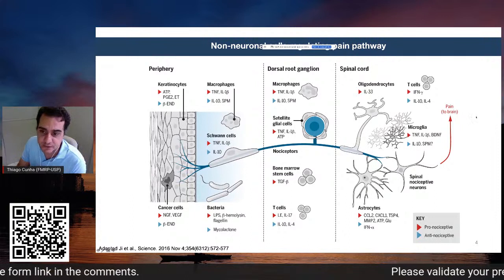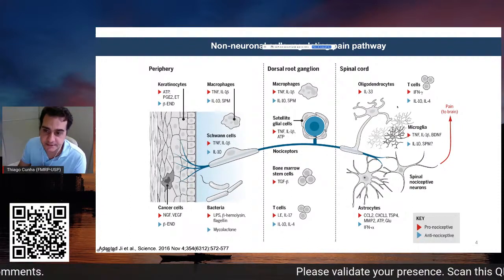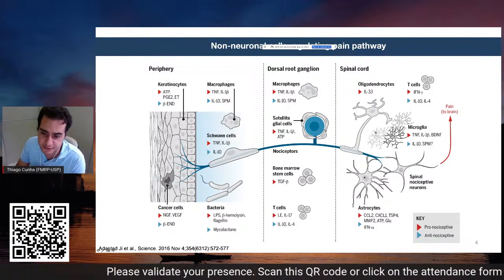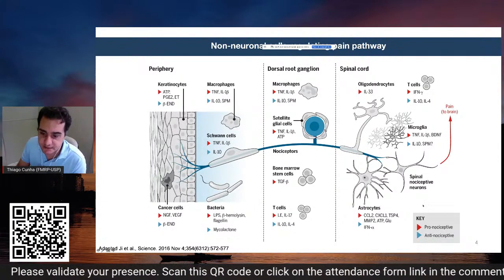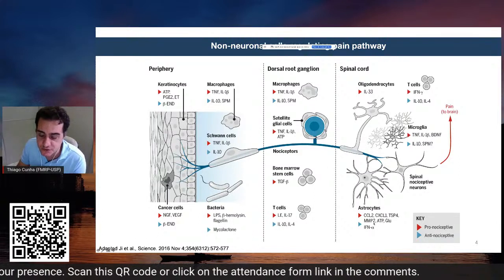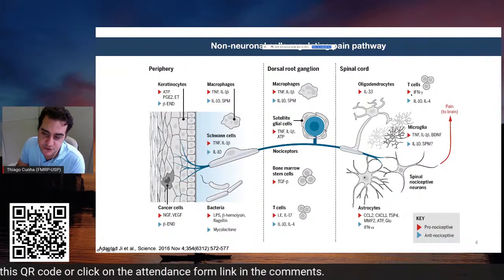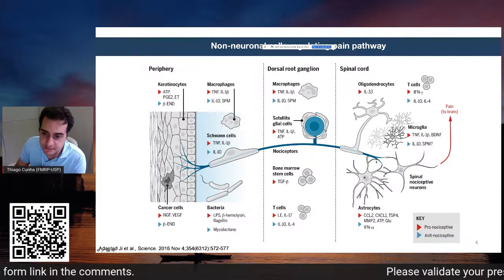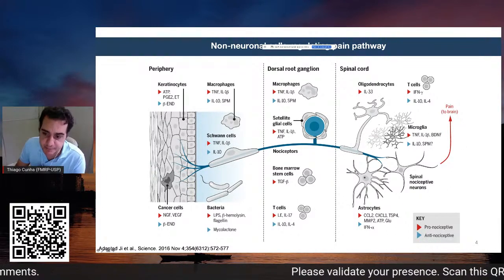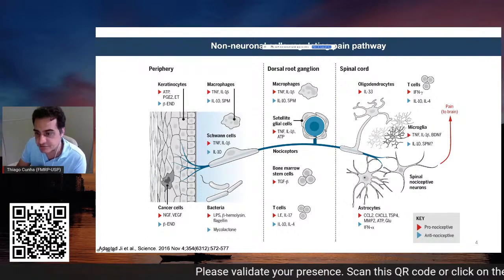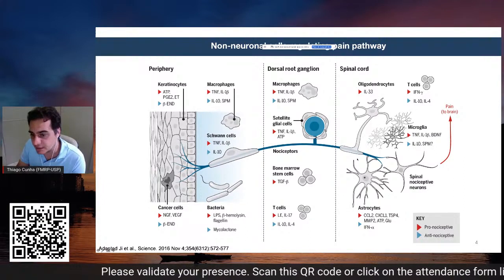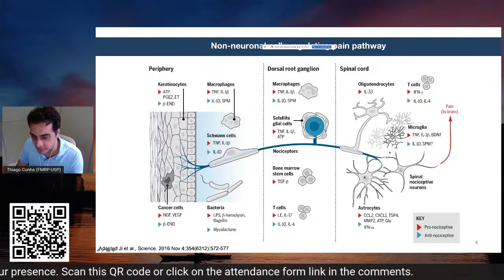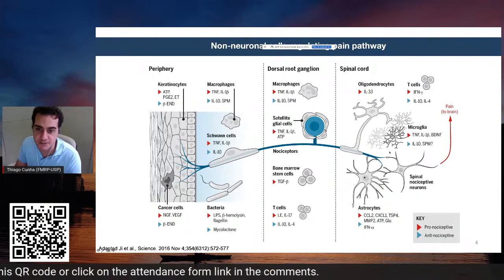Or even in the spinal cord, we can describe the special role of microglia and astrocytes, as Quintana said before. These cells also participate in the pathophysiology of chronic pain, producing inflammatory mediators that participate in the plasticity of this pathway, which in the last instance drives the development of chronic pain conditions.